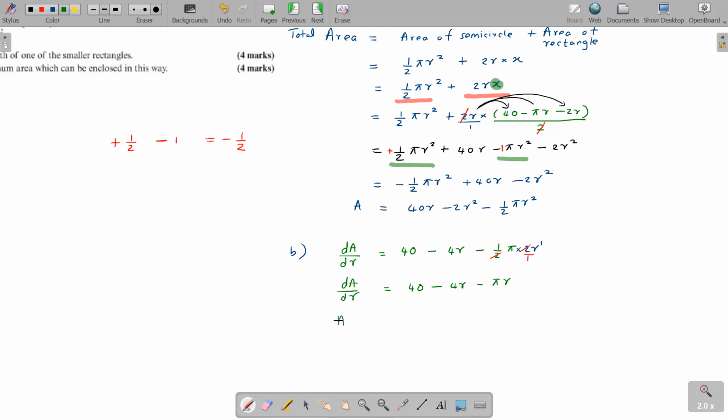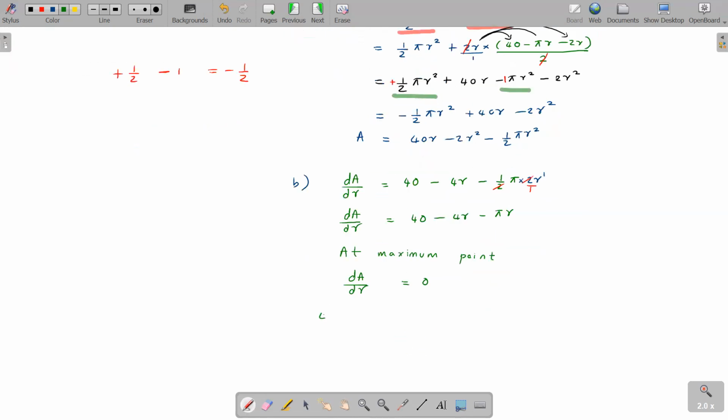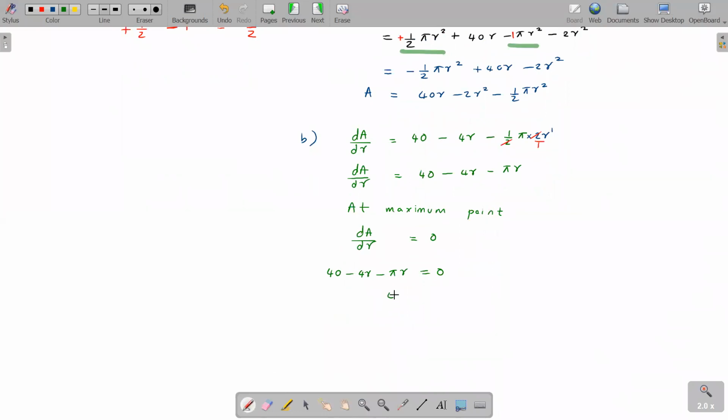And then at the maximum point, your dA by dr is equal to 0. So basically 40 minus 4r minus pi r equals 0. Then we'll take the minus 4r and pi r to the other side. Minus 4r goes as plus 4r plus pi r.